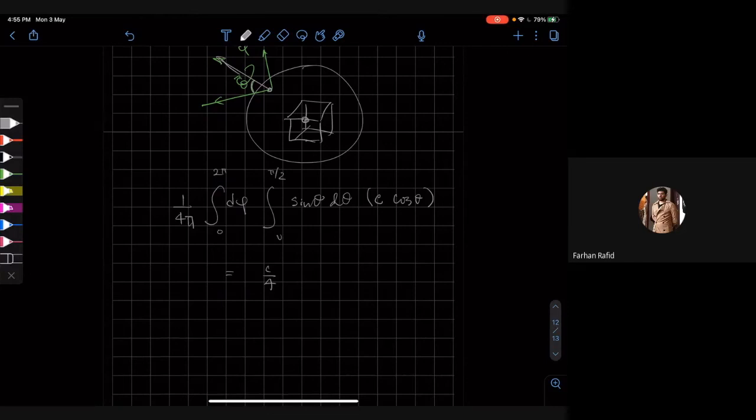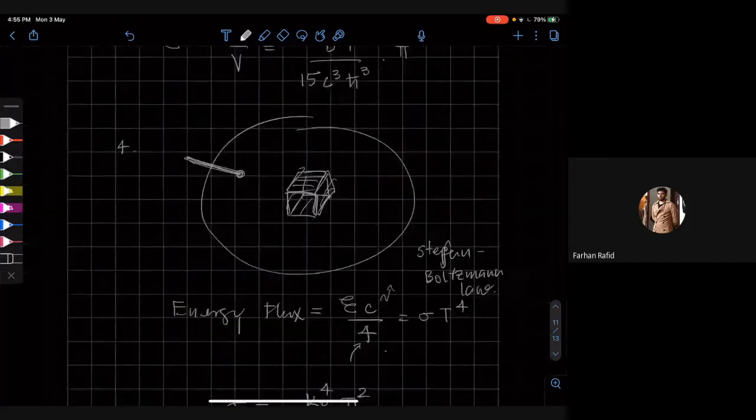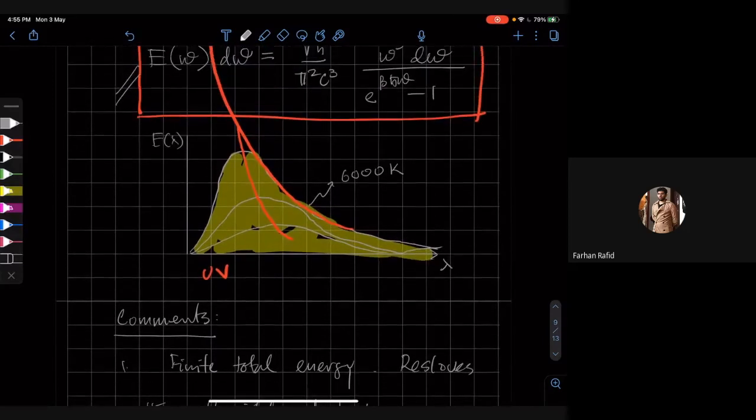Sir, on the ultraviolet catastrophe part, the quantum mechanical curve, the line, does that also go to infinity in the ultraviolet spectrum? No. This line is just the line plotting the maxima of these. I should have used a different color here.